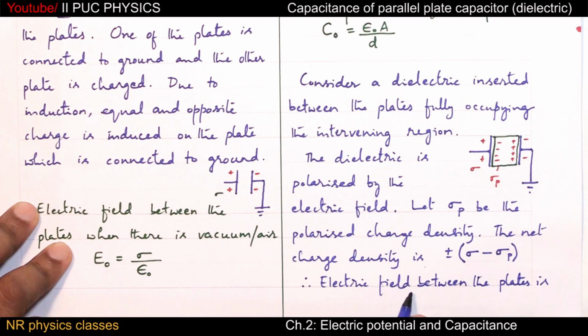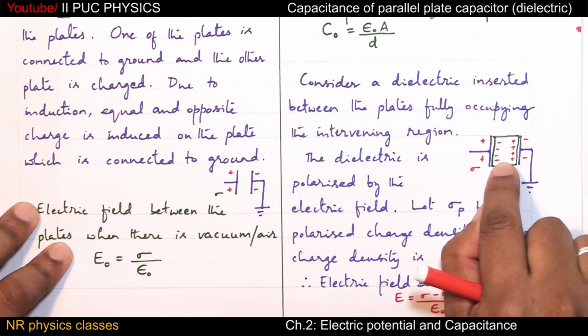Therefore, the electric field between the plates is sigma minus sigma p by epsilon naught. The resultant charge density matters. Here sigma by epsilon naught, here sigma minus sigma p by epsilon naught. This is the difference when a dielectric medium is inserted.